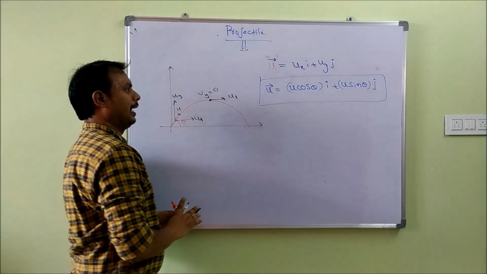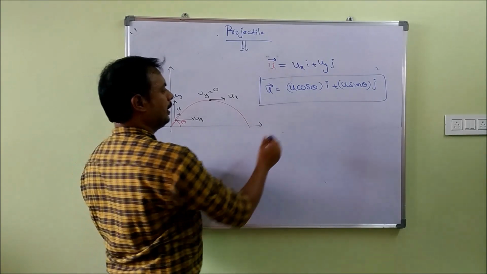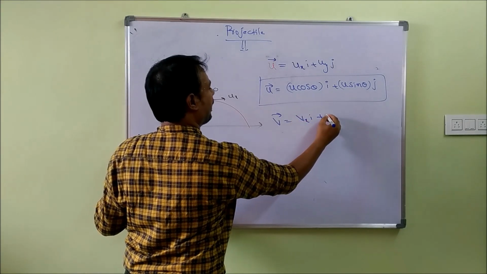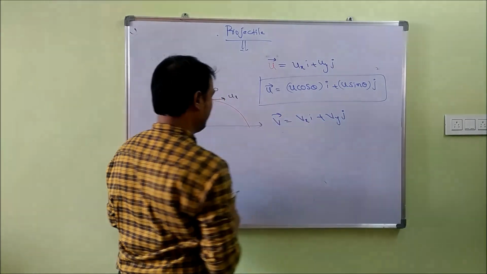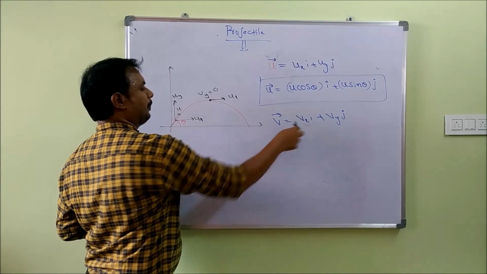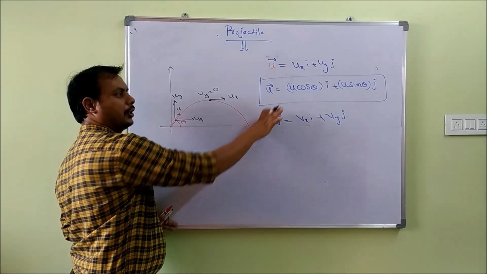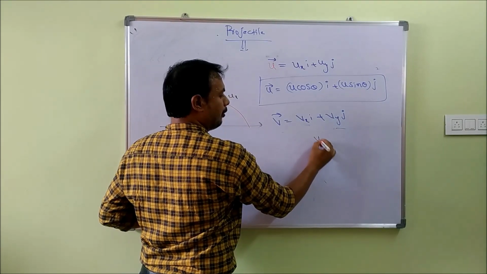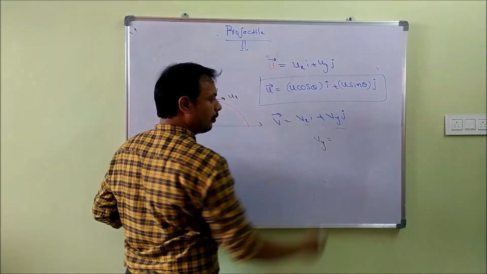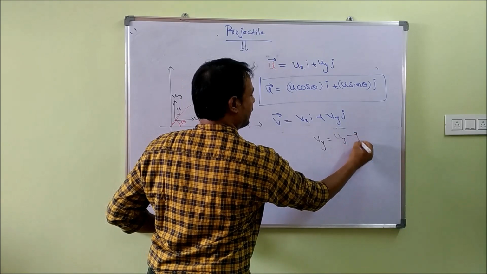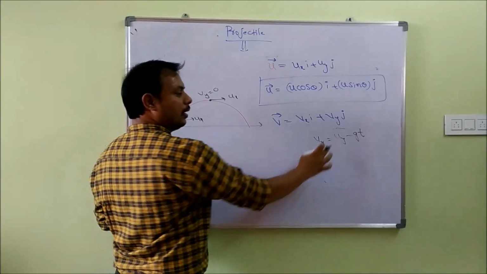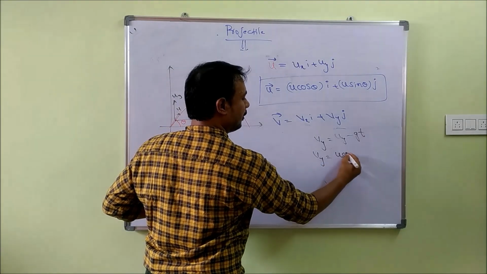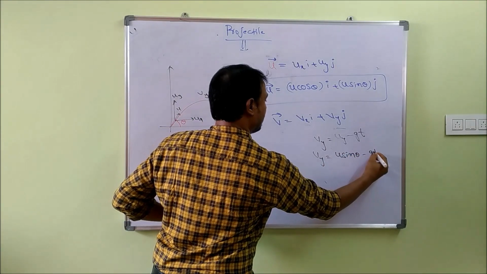Now what is the final velocity? Final velocity is v bar equals vx i plus vy j. Vx is nothing but the initial velocity, no change, that is u cos theta. But what is vy? Vy equals uy minus gt. Uy is nothing but u sin theta, minus gt.